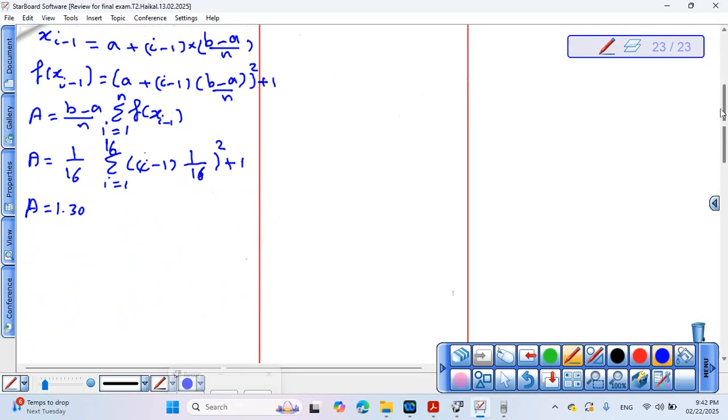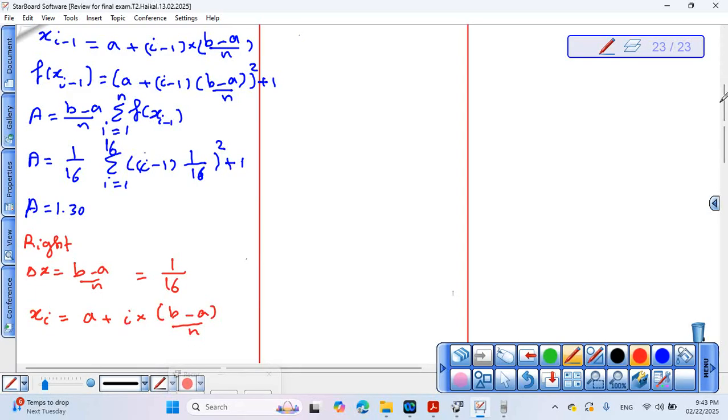The second method, second case, from right. From right, the same process. Delta x equals b minus a over n, which equals 1 over 16, no problem. But here x sub i, not x sub i minus 1. x sub i equals a plus i times delta x, b minus a over n.